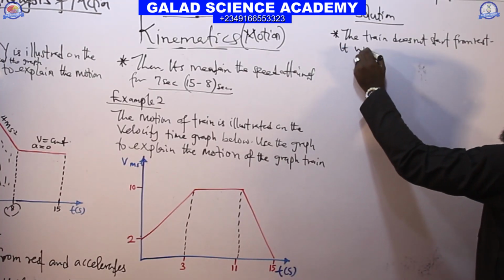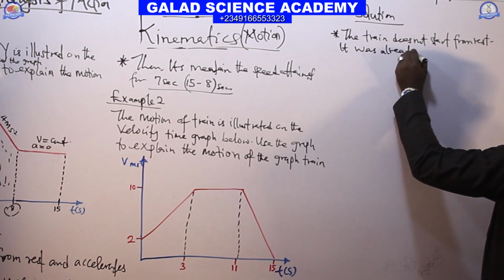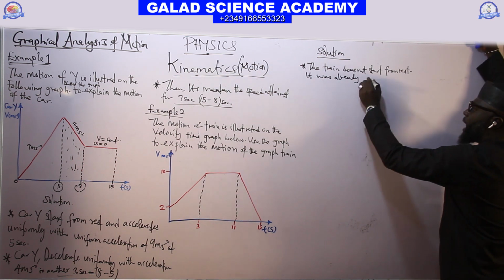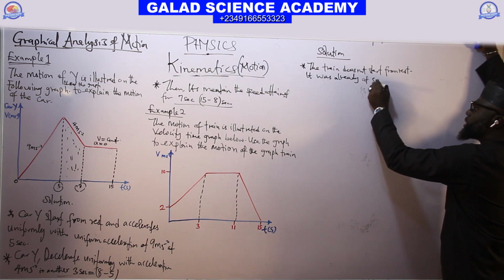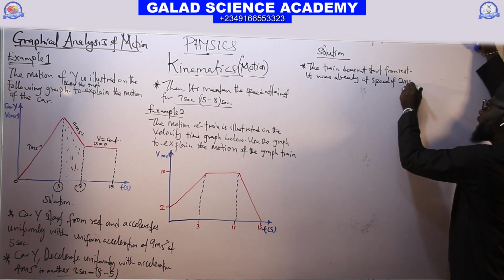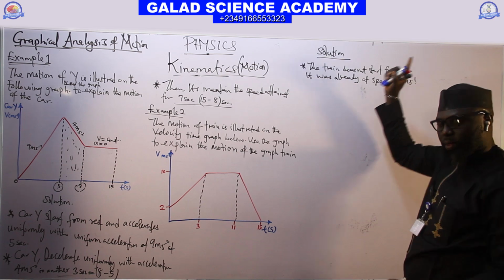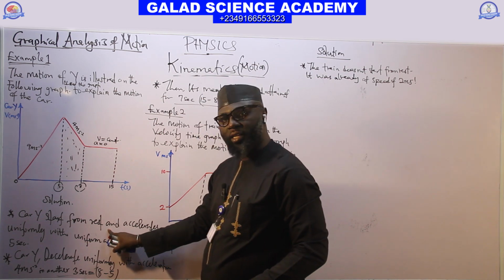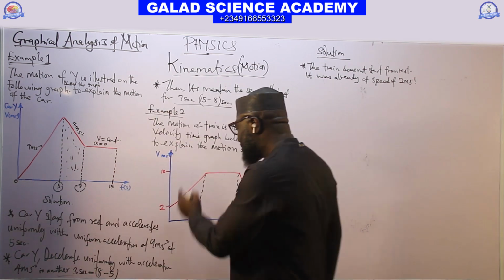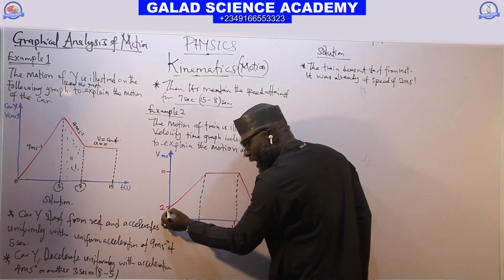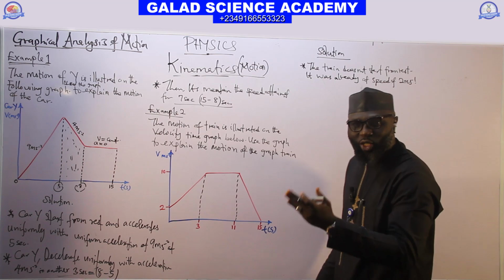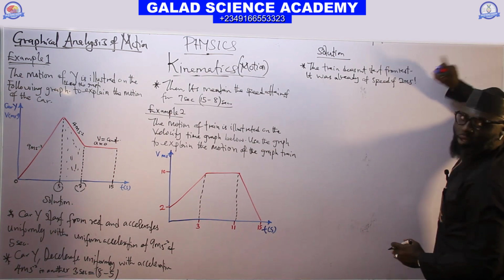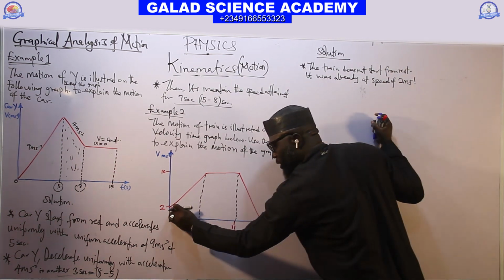It was already at a speed of 2 meters per second. This one starts from rest because you have the zero here, but this starts from 2, which simply means the train is already moving at a speed of 2 meters per second. That is the first one here.